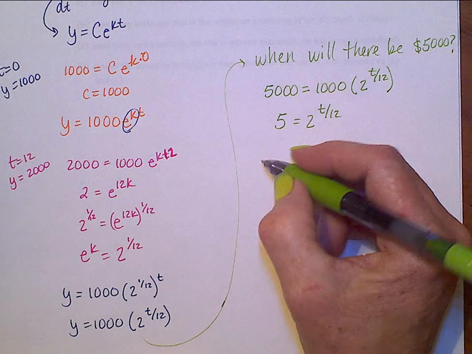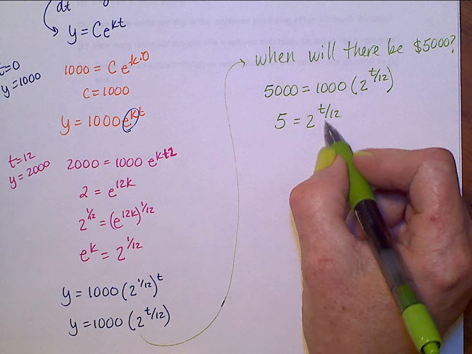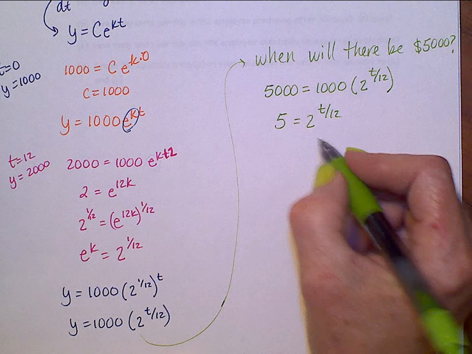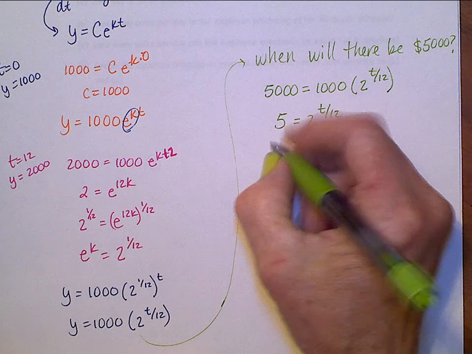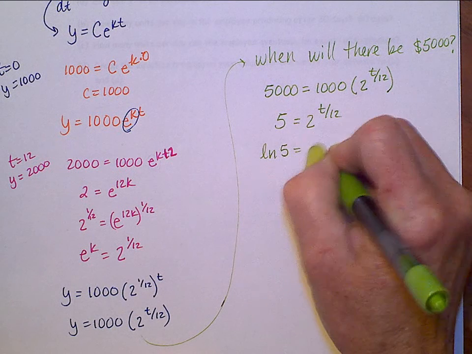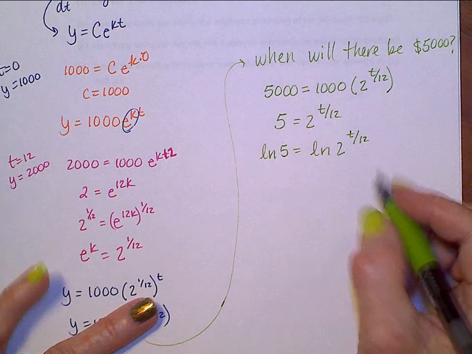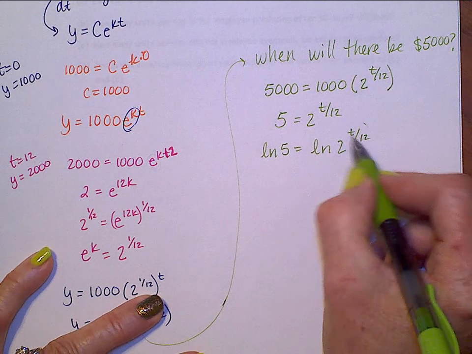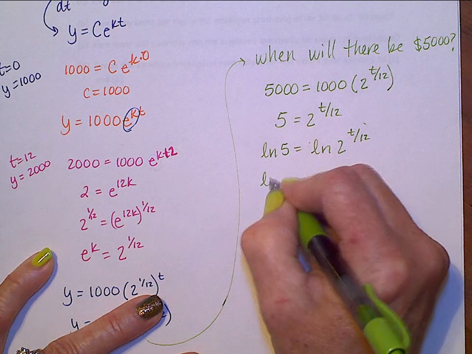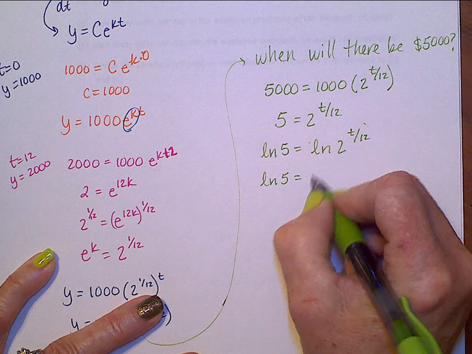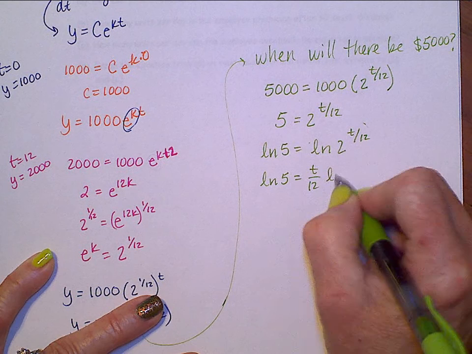Okay, so let's solve this for t. Most of you are comfortable with taking the natural log of both sides. So we have ln 5 is the natural log of 2 to the t over 12. Pull this exponent down in front because of the log rules, and we have ln 5 is t over 12 times ln 2.